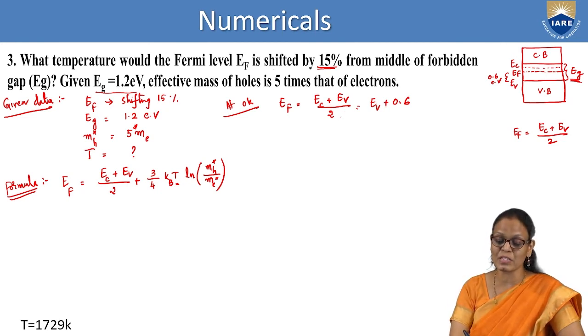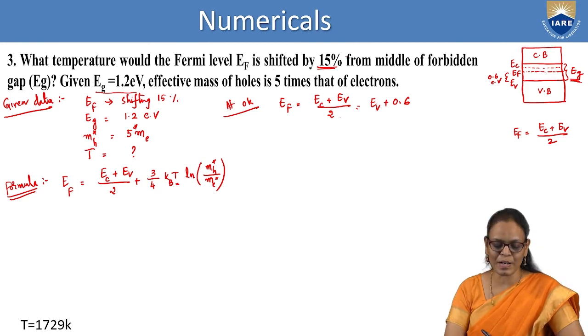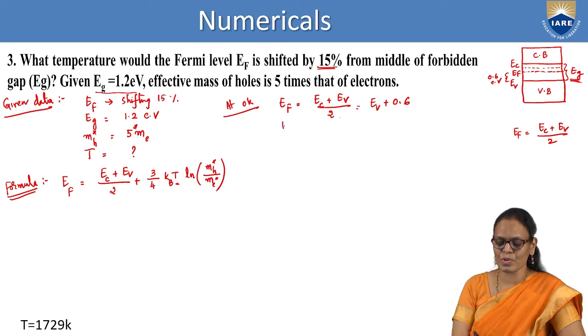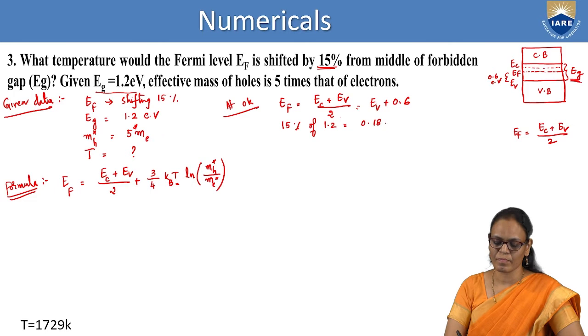Now, what they are telling us is 15%. 15% of what? 15% of 1.2, the energy gap, which is 1.2 electron volt. So, what is 15% of 1.2? 15% of 1.2 will be 0.18 electron volt.